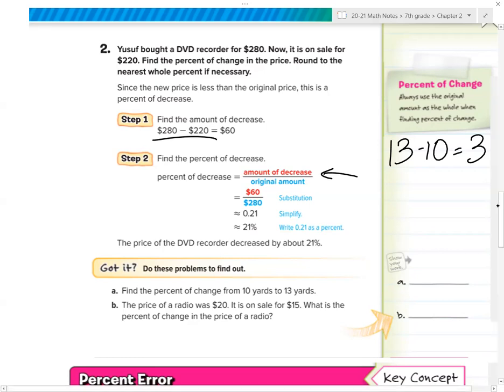All right, so 13 minus 10 is 3, not 4. So I know you had it right. You just tricked me. So 13 minus 10 is 3. I put the difference over the original because we went from, nope, we went from 10 to 13. Now my brain is messed up.